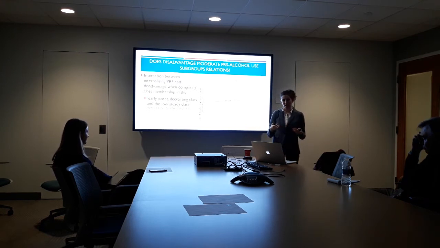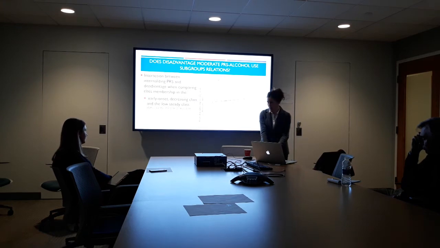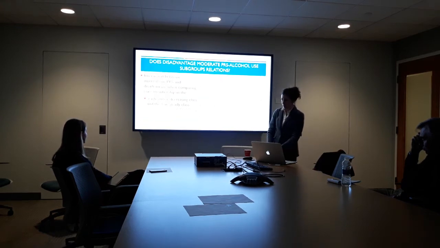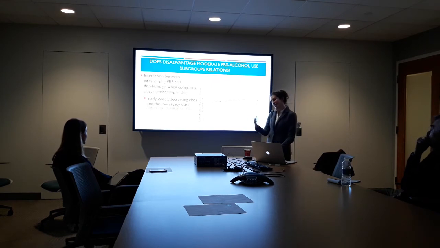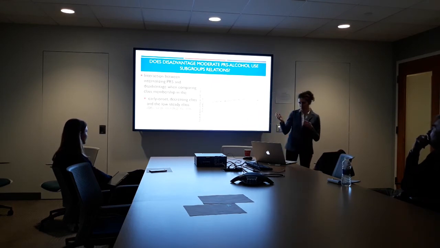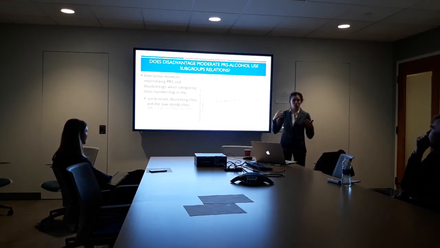So if you want to use alcohol in early and middle adolescence for whatever reason, that might be the case especially if you're higher in internalizing genetic load and you have that predisposition. And then, as I said, it's possible that in late adolescence there are some repercussions or consequences resulting in that decline in use that we see.